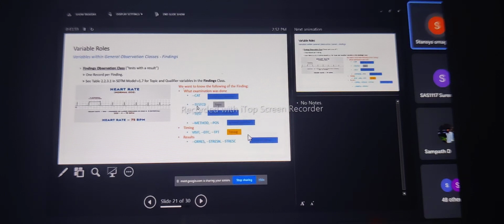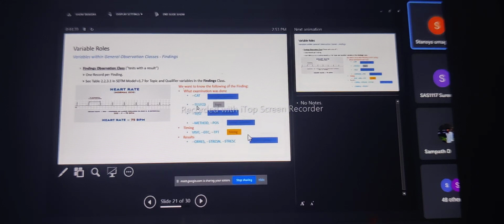So the results coming from the eCRF, what was captured in the clinical trial, that is your original results. When it comes to the standard results, each and every result will have SI units, the international standard units. Based on each and every parameter, we have some conversion factors, and by using those conversion factors, we convert the results. So the original CRF values are captured under original results, and the converted ones under standard results.